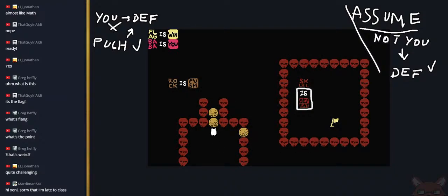Now, the only pathway up through here is through these rocks. Rock is defined as push. So what we are forced to do here is push two rocks simultaneously. Now we can add something more to what we know: objects that are push also push.